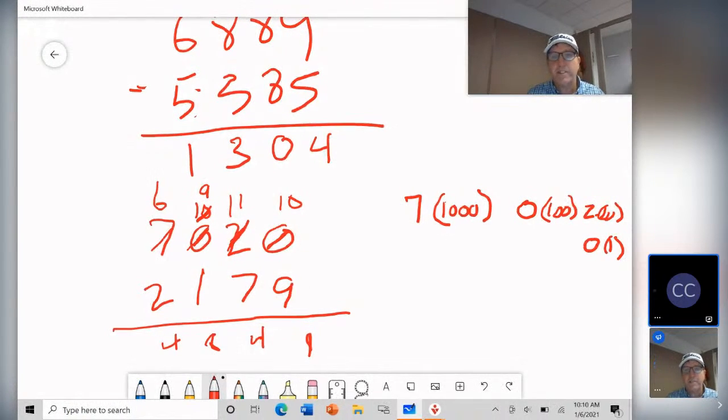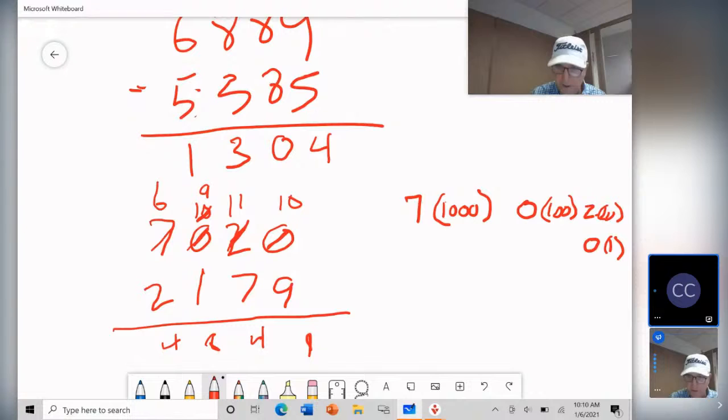It's kind of the same thing, same concept. 10 dollar bills is the same as a $10 bill. 10 $10 bills is the same as 100. And also 10 $100 bills would be the same as a $1,000 bill. So we're just kind of moving everything over.